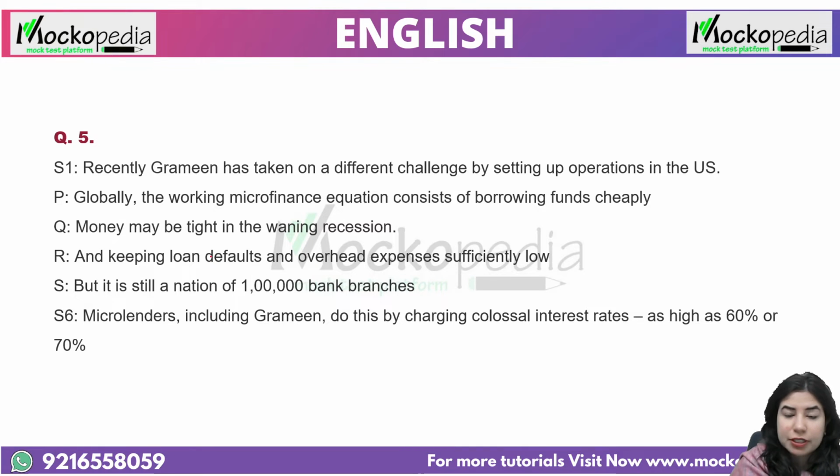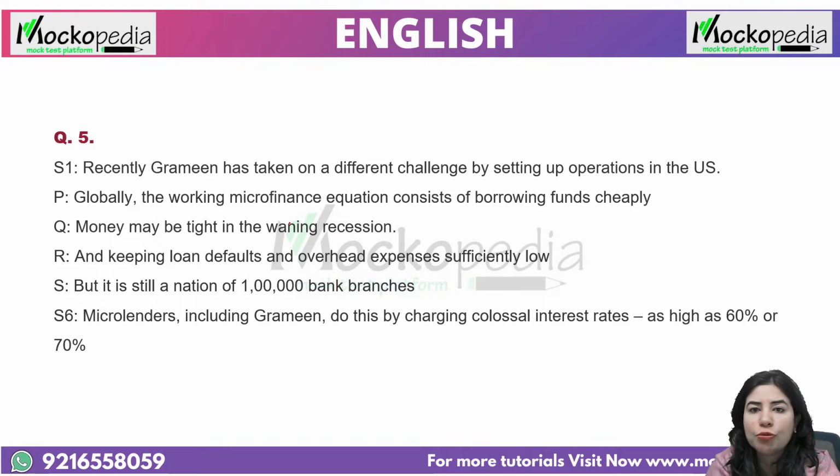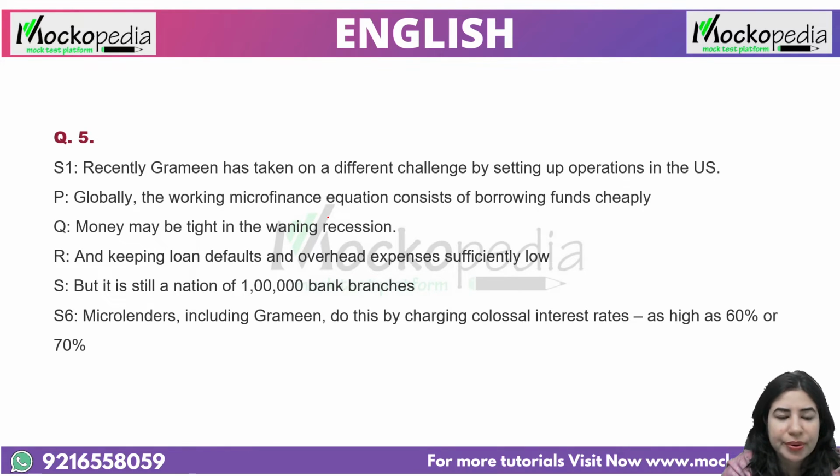Now let's read the first statement, which says, recently Grameen has taken on a different challenge by setting up operations in the US. So Grameen looks like the name of a company. Globally, the working microfinance equation consists of borrowing funds cheaply. So this is basically trying to explain how the microfinance equation works.